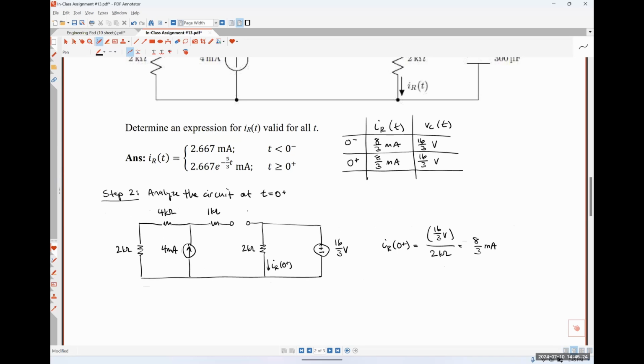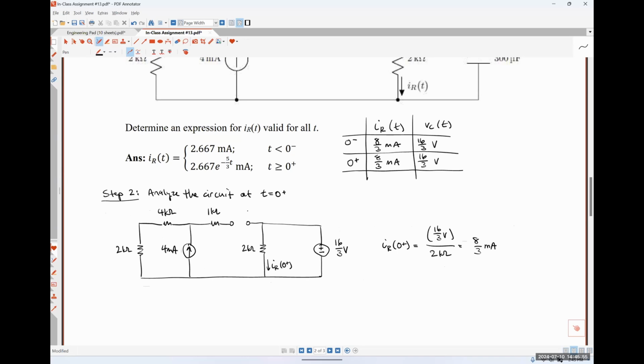So any questions regarding that particular step? So the voltage has to stay the same here because it's the instant after and the capacitor cannot instantly change in voltage. Exactly right. We know from our past 2 lectures that the voltage drop across a capacitor cannot change abruptly, and the current flowing through an inductor cannot change abruptly.